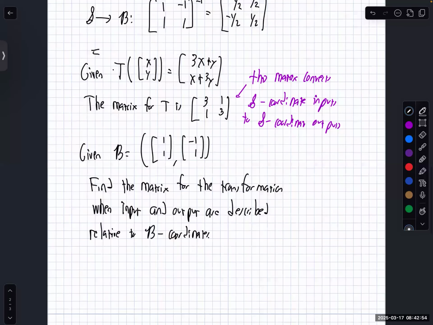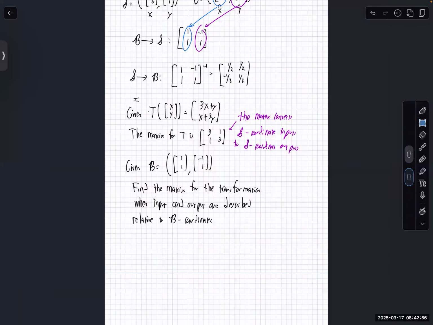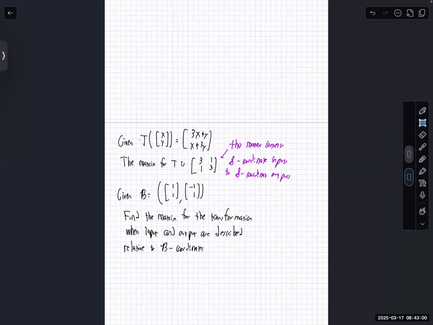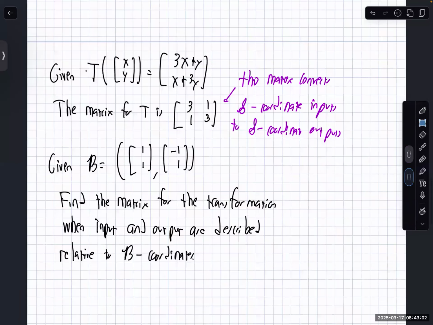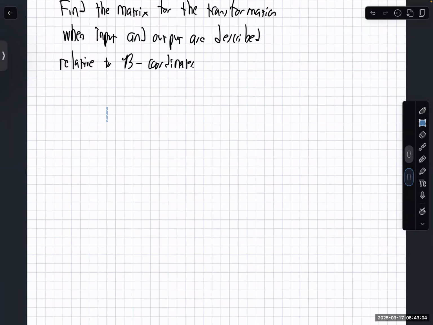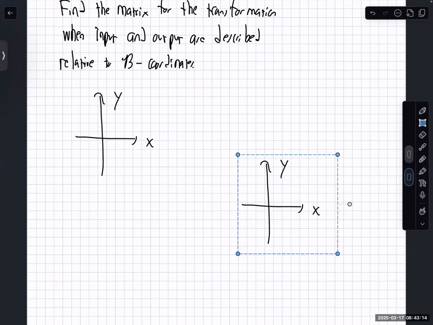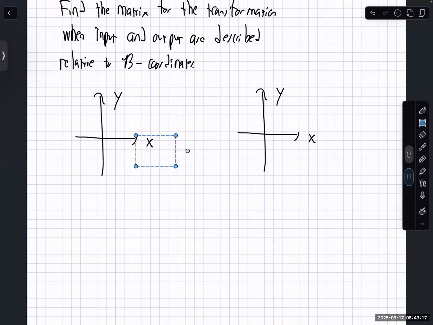Let's move this down. So this is the picture that we had before.